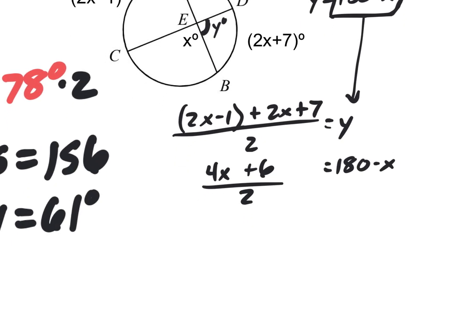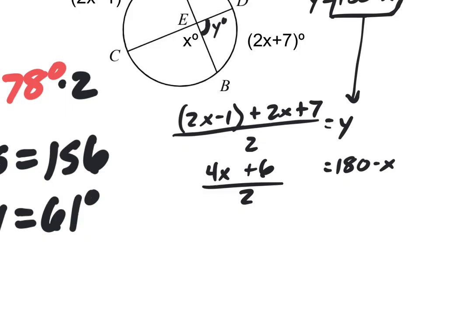Now, a couple of different things you could do here. I like to show you different things, and you can determine how you want to do it. You could multiply by 2 here, but then I would have to distribute the 2 to the 180 minus x, and that's one thing you could do. Here's what I probably would prefer, if you can do it. We can divide this by 2.